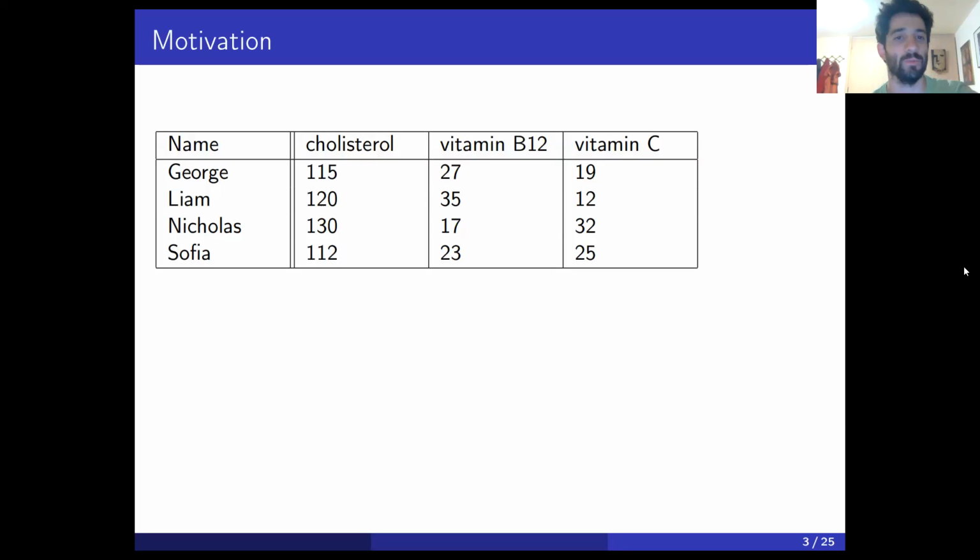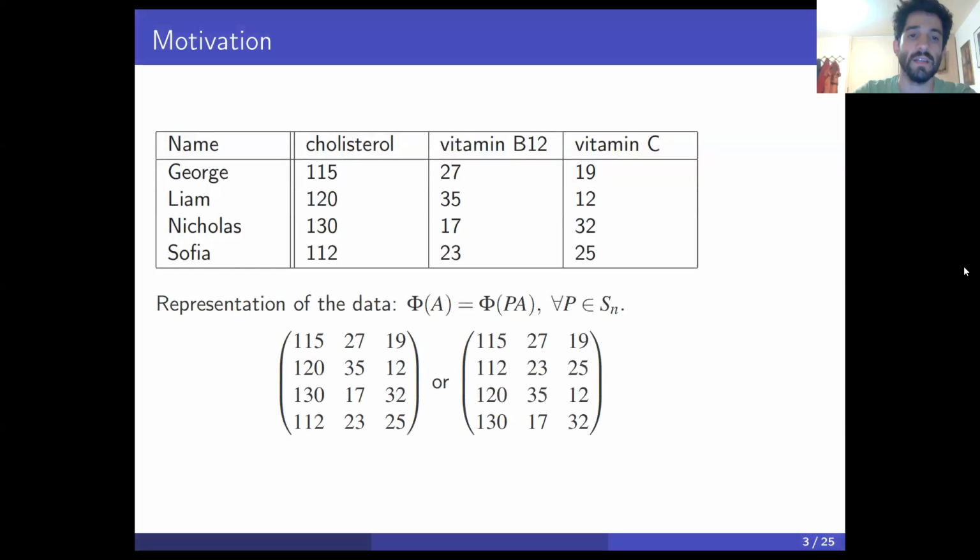For example, here I have put cholesterol, vitamin B12, and vitamin C. Our patients are George, Liam, Nicholas, and Sophia. And we want to use this data in a neural network, for example. So it makes sense to represent this data as a 4x3 matrix whose entries are exactly these numbers for cholesterol, vitamin B12, and vitamin C.